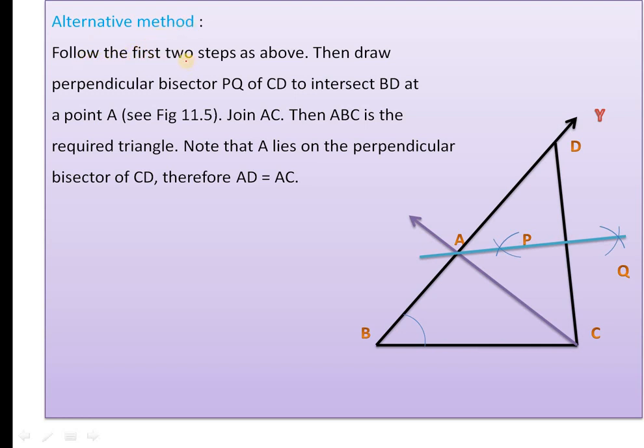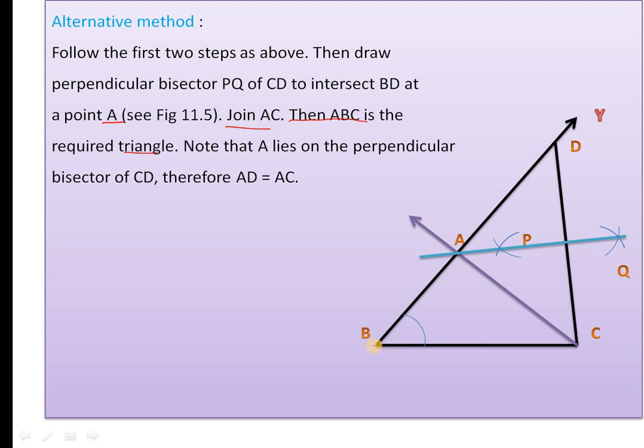Follow the first two steps as above, then draw the perpendicular bisector PQ of CD to intersect BD at point A. See figure. Join AC, then ABC is the required triangle.